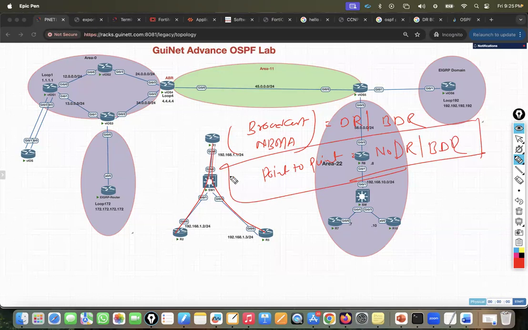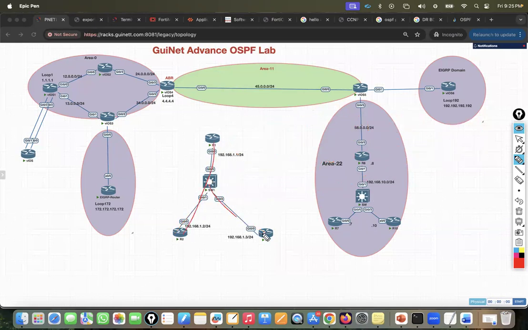Now, let's suppose this is one of my broadcast networks. Which one is going to be my DR and which one my BDR? Let's suppose they don't have any router ID configured. Any guess? By default, when you configure OSPF and enable it on all routers, the default priority is going to be 1 for all routers.